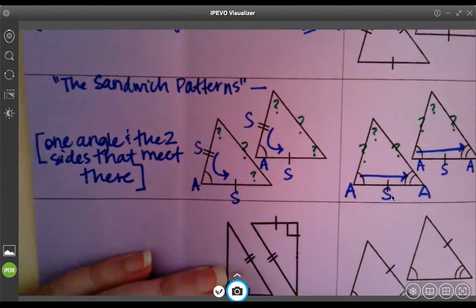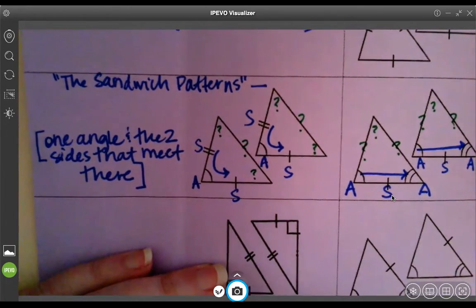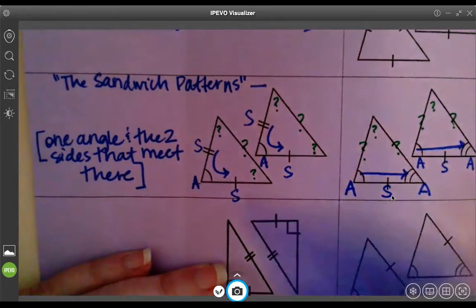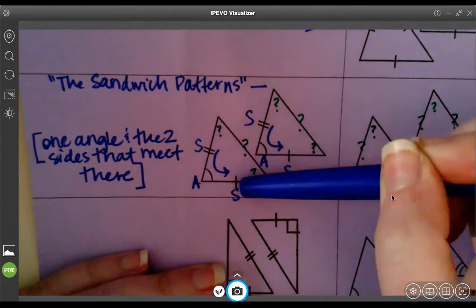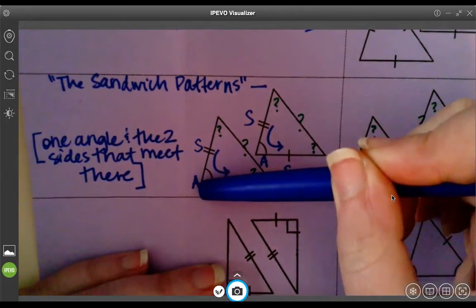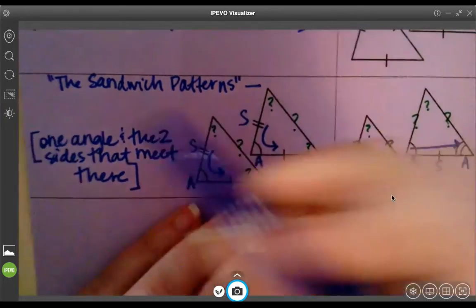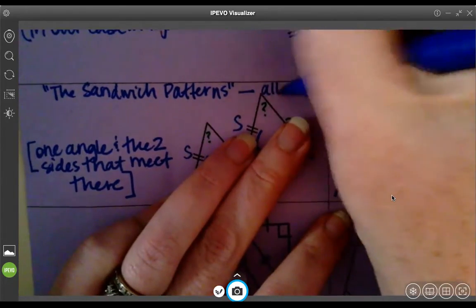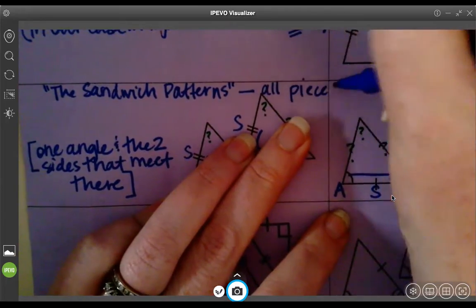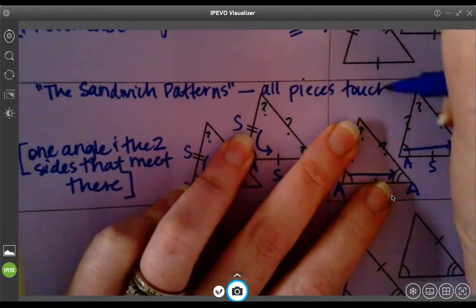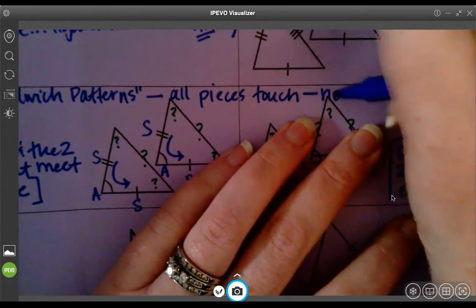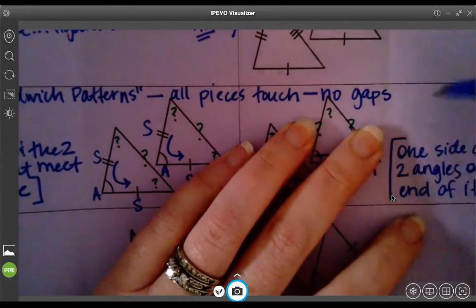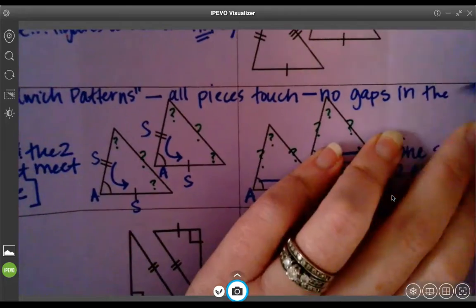When you make a sandwich, none of your pieces magically hover above the other pieces. When you put down a piece of bread, the turkey has to touch it. And then when you put down that other piece of bread, it has to touch the turkey. All of your pieces touch. So the sandwich patterns are where all the pieces touch, and you have no gaps in the pattern.